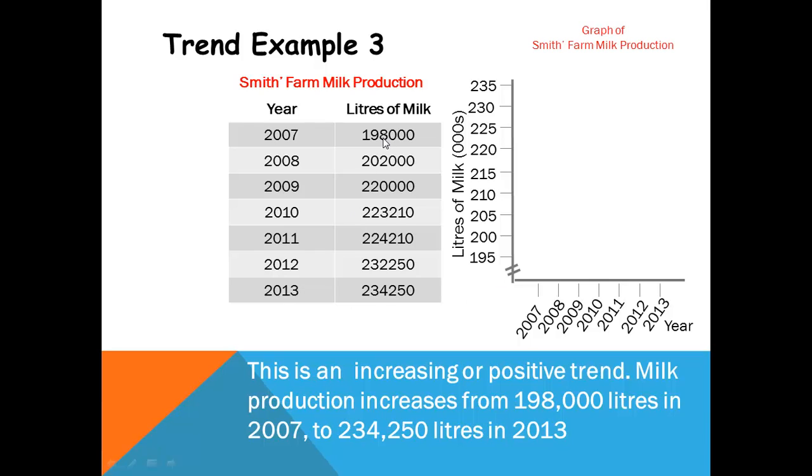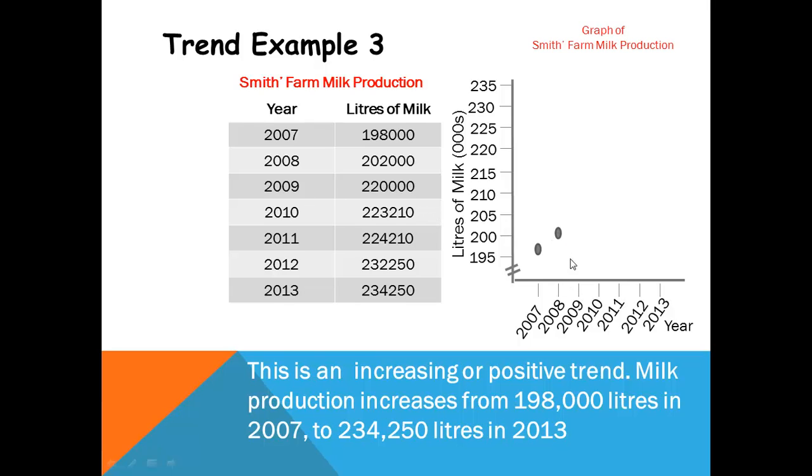So what we now do is we choose each of the numbers. I'm going to plot 198 and 2007, and you'll see there it corresponds with 2007 and roughly 198 up here. And the next one is 2008, which is there, and 202, which is there, and you'll see that it corresponds. This is not perfectly accurate, but it's close enough.